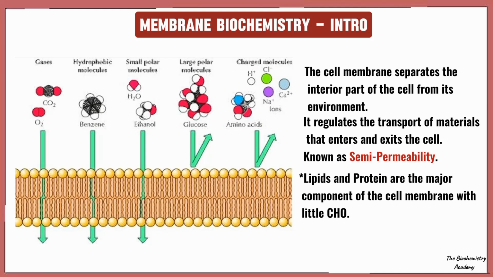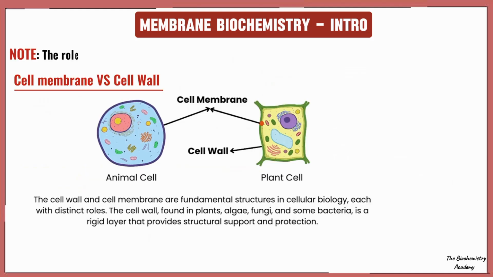Now, it should be noted that the role of the cell wall is different from that of the cell membrane, because most cells except animal cells have cell walls, which are composed of carbohydrates, and these carbohydrates are polysaccharides.